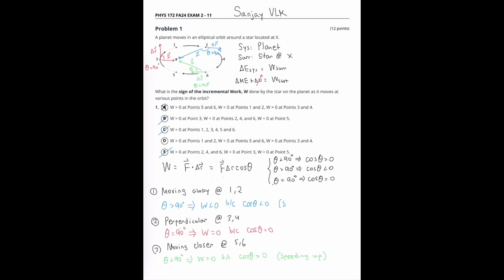And this will also imply that we are slowing down because the planet is moving away from the star at points 1 and 2. So after determining our 3 cases, we can conclude that answer choice A best fits our criteria.